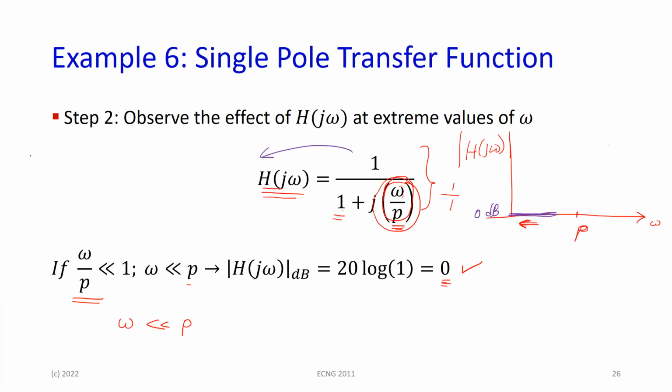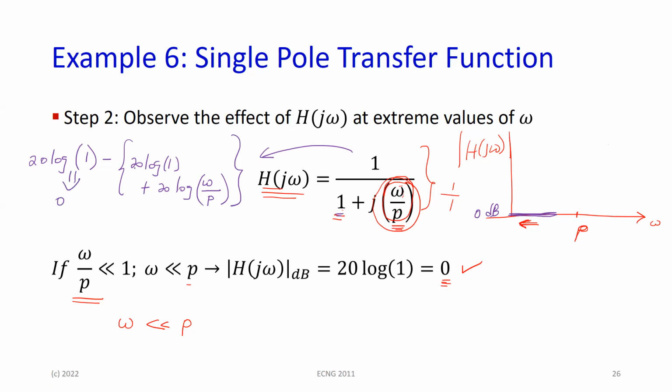This entire thing is 20 log 1, that's the numerator, minus 20 log 1, that is this here, plus 20 log omega over P. Right? 20 log of 1 is 0.